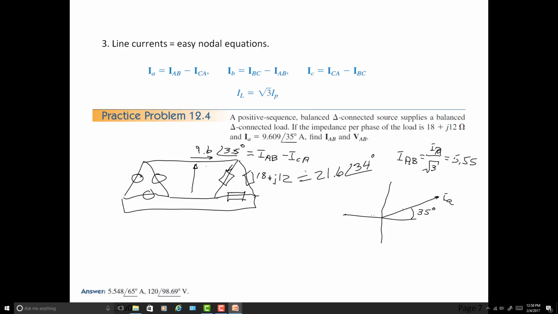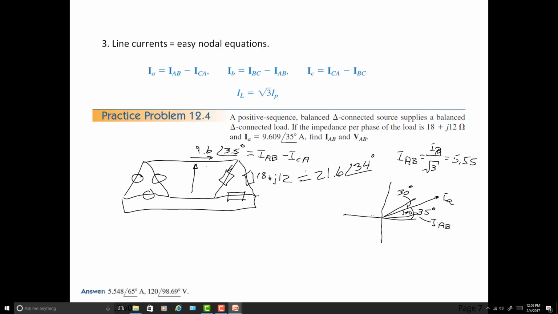Now we know that that is made up of two elements. This is 30 degrees. I drew it badly. This is 30 degrees, and this one must be IAB.